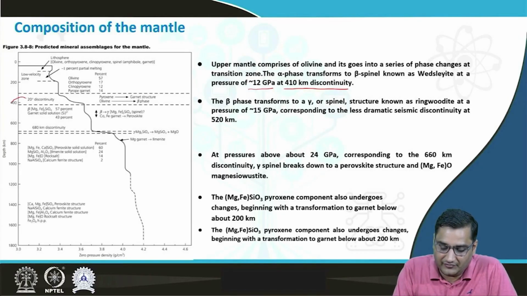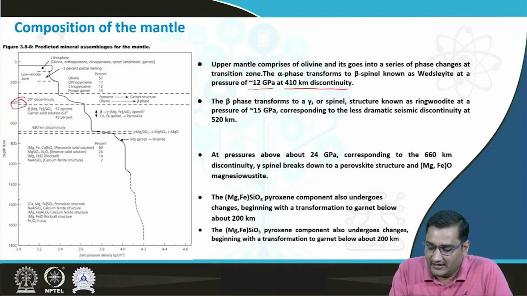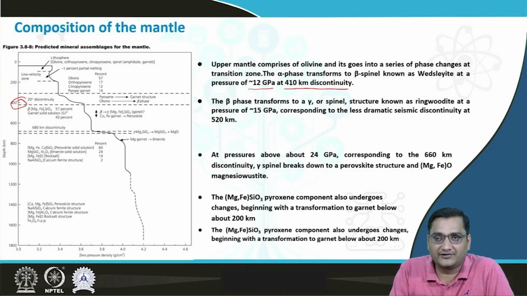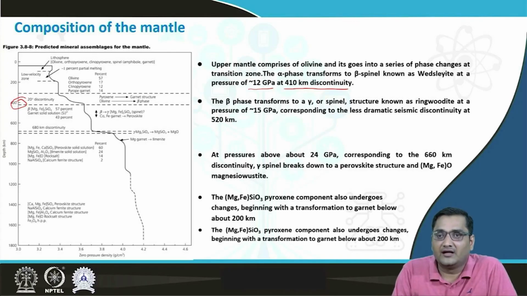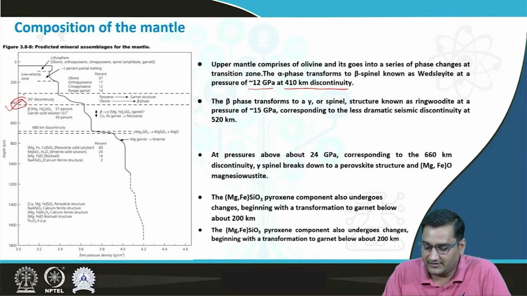So this 410 discontinuity is located over here, and across it the alpha phase transforms to beta spinel. That means forsterite changes to wadsleyite at around 12 gigapascal.